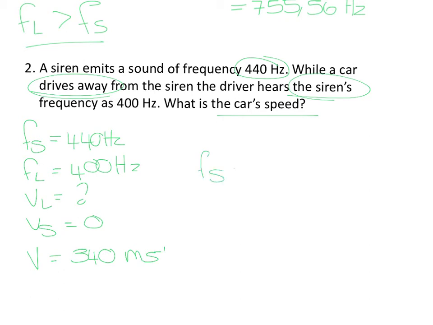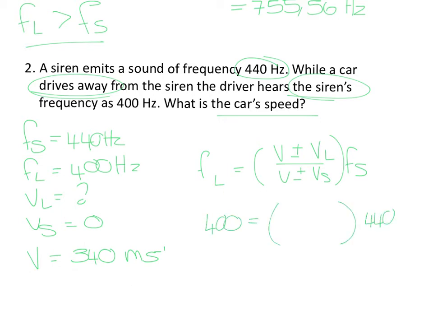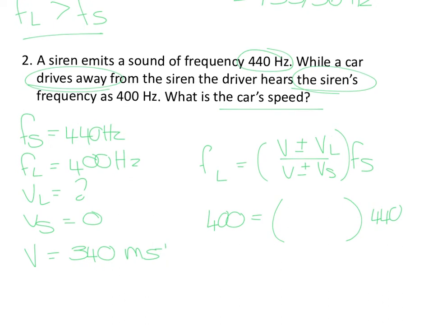So we start with the equation, because that's always going to be the same. That's FL. We know that that's 400. We know that's 440. And here, we know that the source wasn't moving. So the bottom's going to be 340.